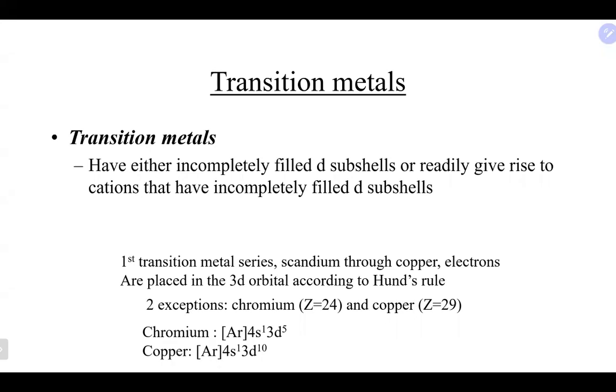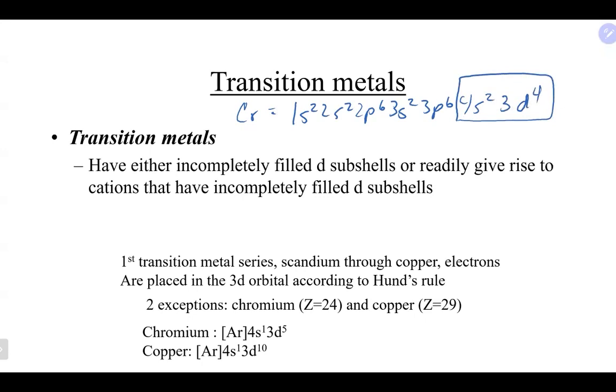For example, chromium's configuration: 1s2, 2s2, 2p6, 3s2, 3p6, 4s2, and 3d4. This is what you would get if you followed our zigzag method. Chromium, along with copper, has been found to be experimentally more stable with an extra electron in the d orbital and one less electron in the s orbital.